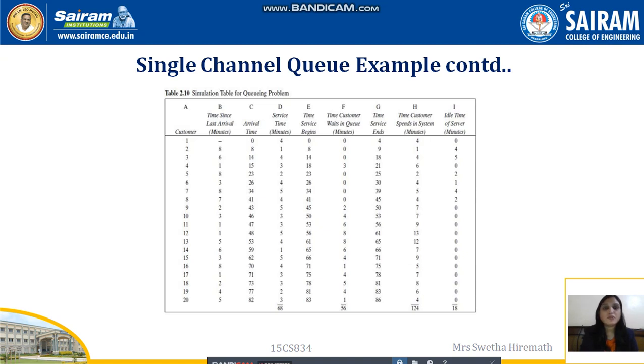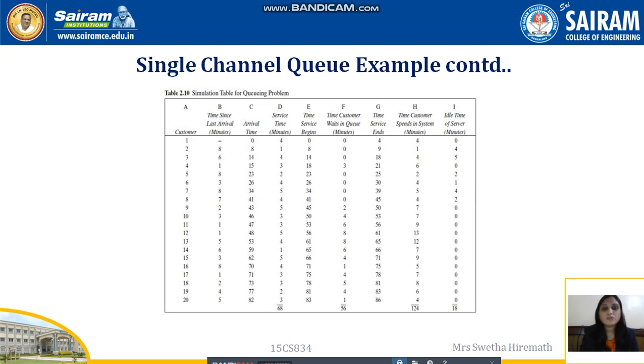The problem will be going like this: there is a call center in which there are two call attenders who will be attending to the calls, and calls will be coming randomly.